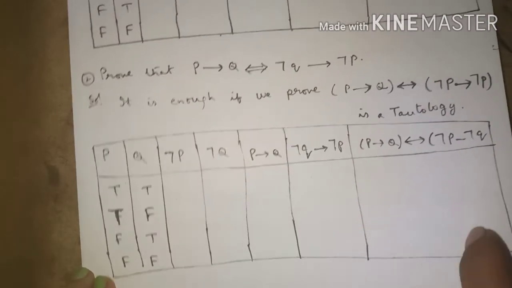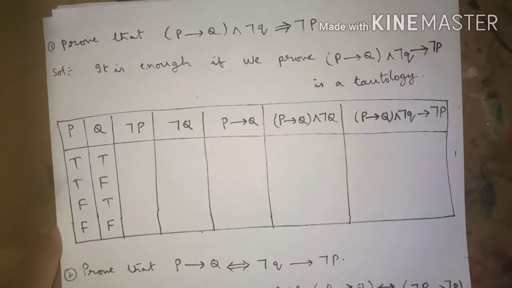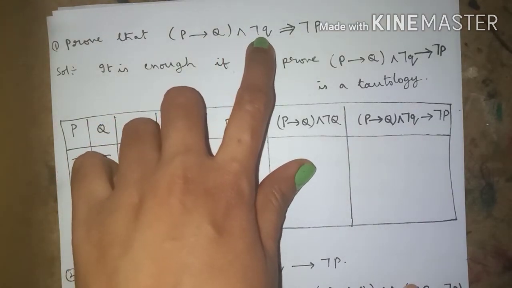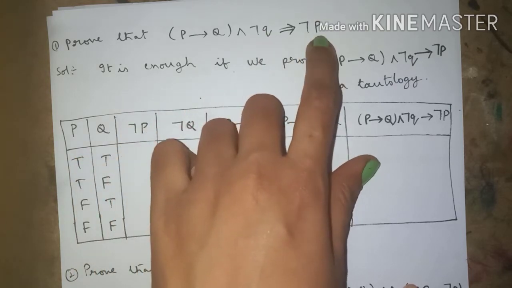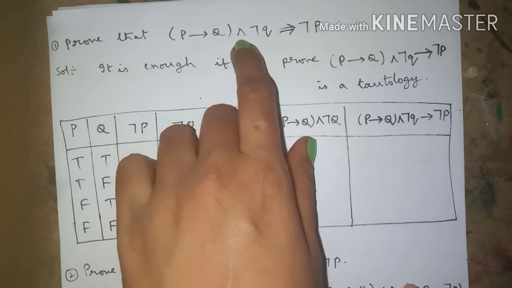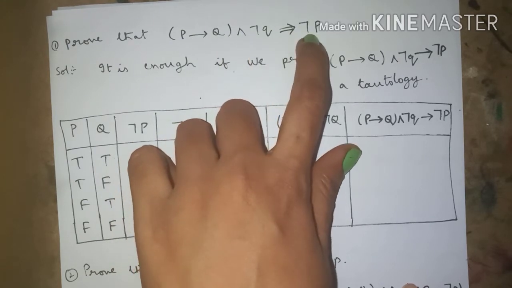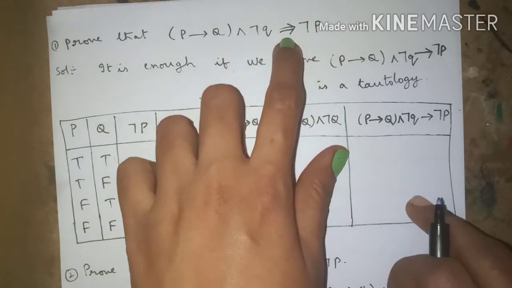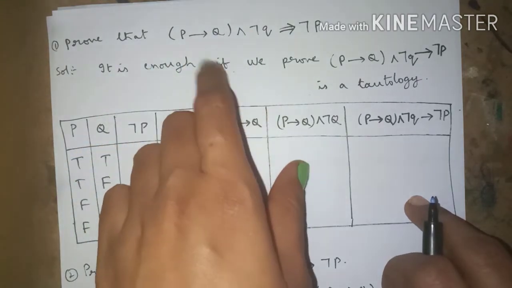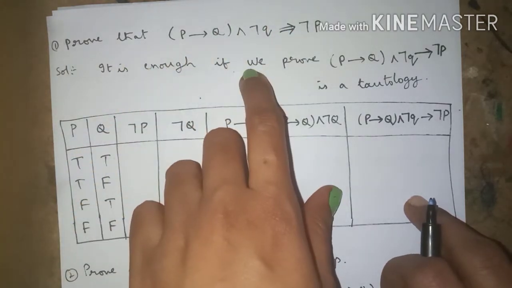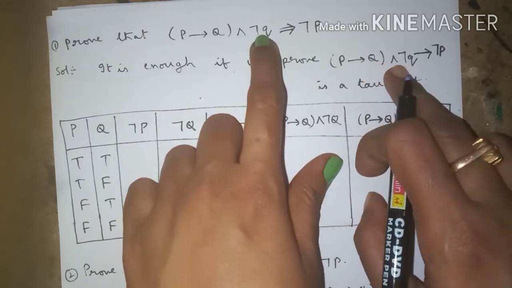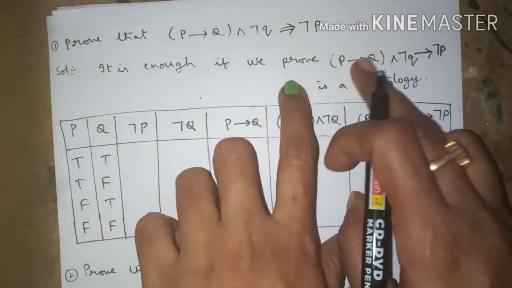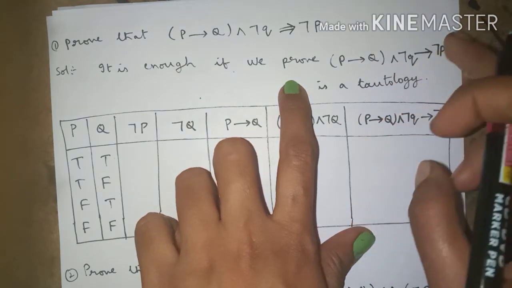To do the next one: prove that if P then Q and not Q implies not P. To prove this, since implication is there, it is enough to prove that if P then Q and not Q, arrow not P, is a tautology.